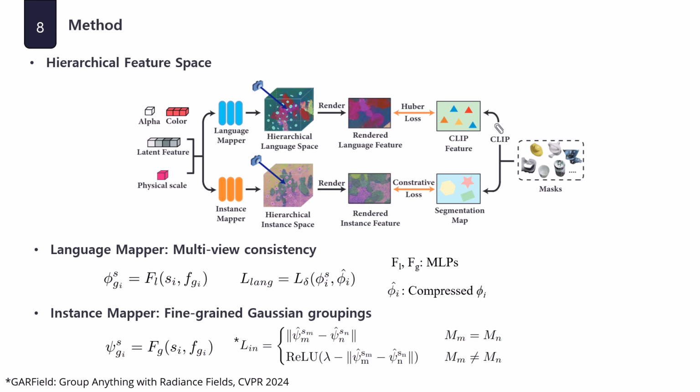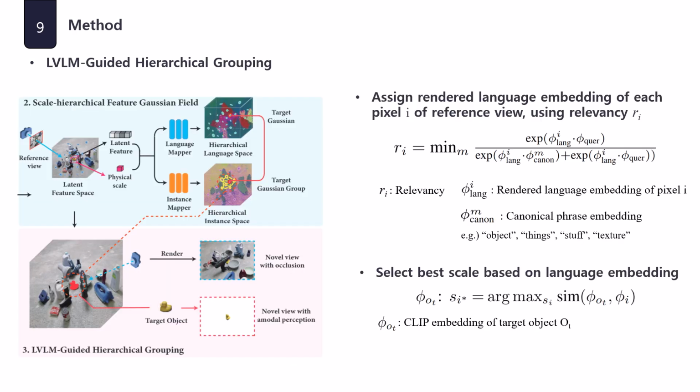We now move to the final step, LVLM-guided hierarchical grouping. This is where everything comes together to localize the object specified by an implicit query, potentially in a novel view with occlusions.